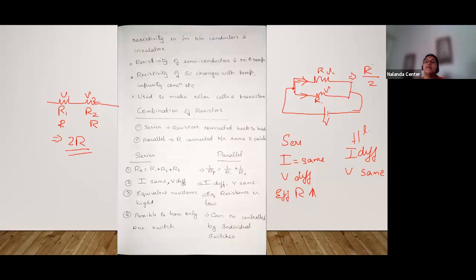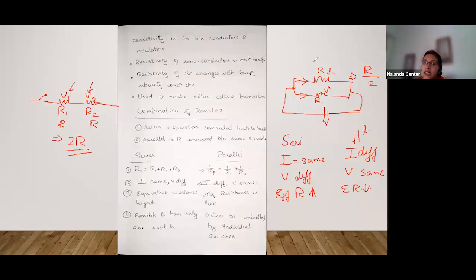The effective resistance decreases. And moreover, the most important thing, in series one switch controls the entire flow of current. We cannot have individual switches for this resistance and this resistance. Only one switch is possible.